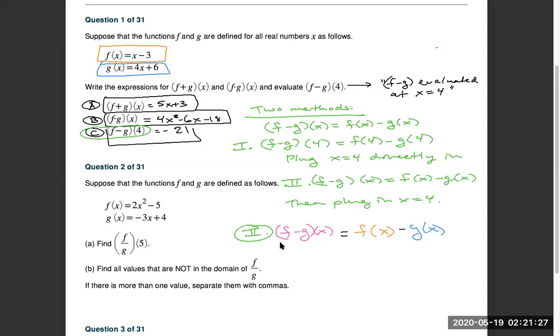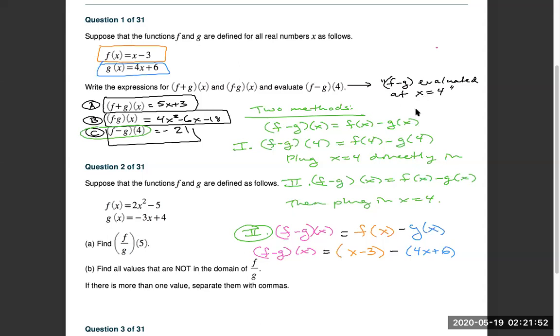Sorry about that. So f minus g of x will be equal to x minus 3, the quantity, minus 4x plus 6, the quantity.